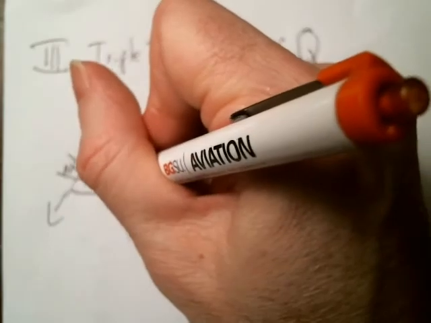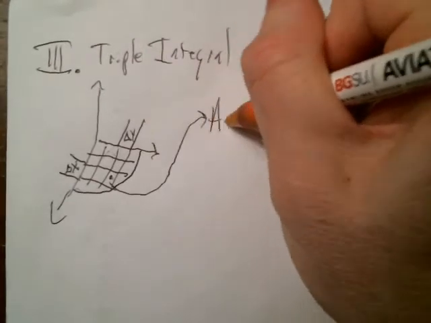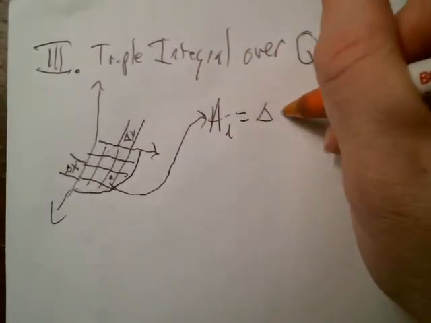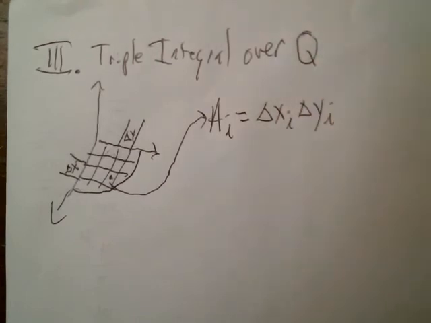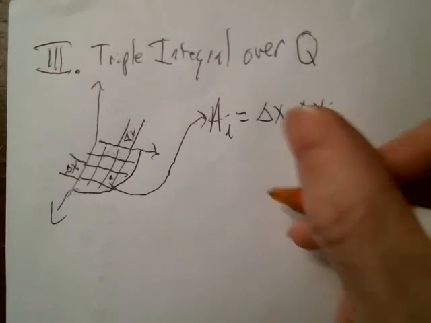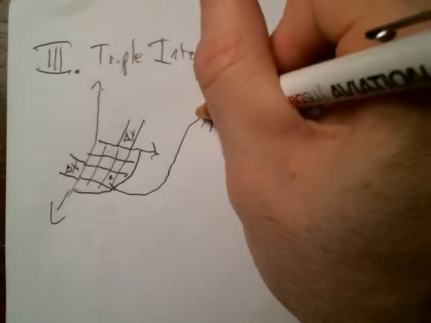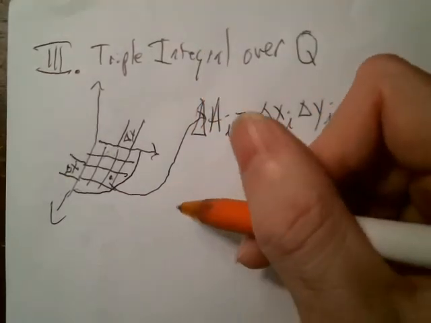So the area of this particular rectangle, A sub i, would equal delta x sub i times change in y sub i. And let's call this delta A sub i. So the Riemann man is adding up all these little deltas.